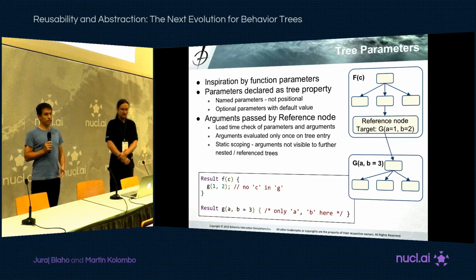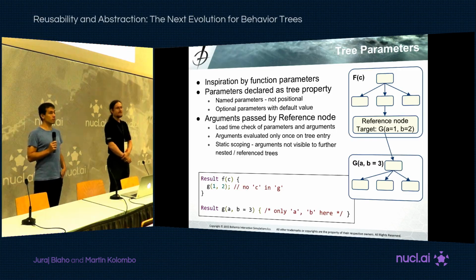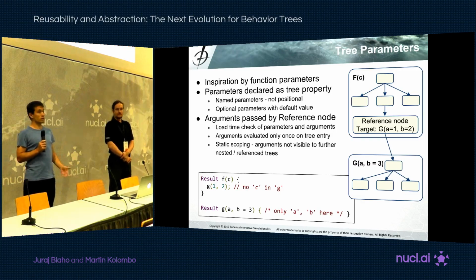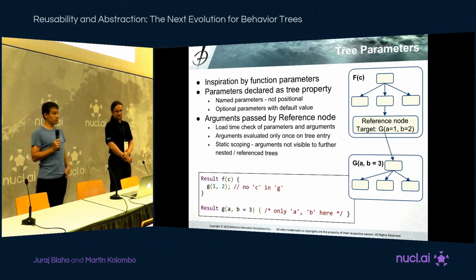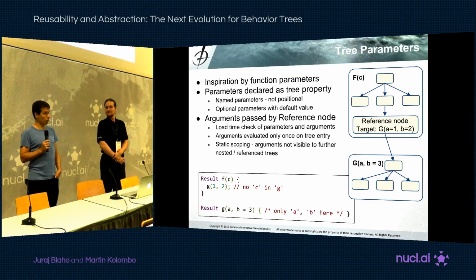Arguments are only evaluated once when the tree is entered and are never updated while the tree runs. That's to be consistent with how coroutines or functions work in programming languages. It would be strange if they were updated throughout the function call.